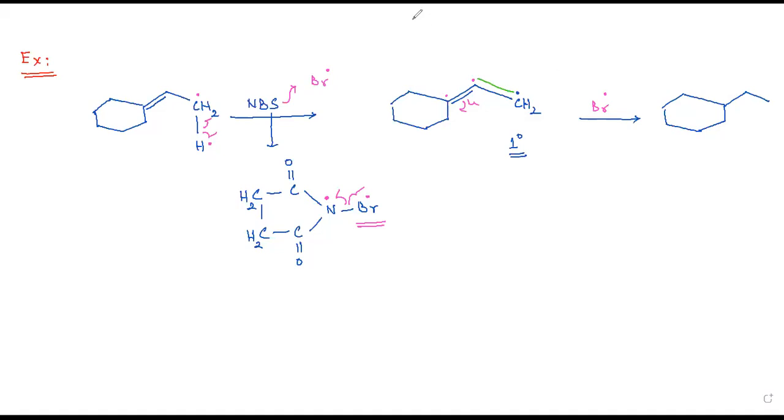Then that will give a 3 degree product, with bromine getting connected to that 3 degree free radical, which is a more stable one.